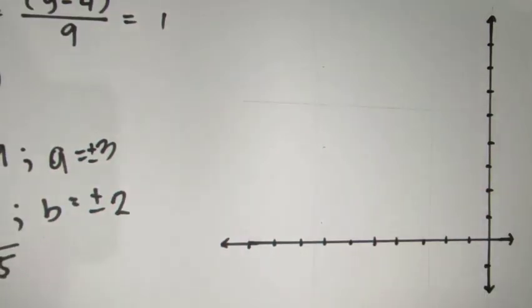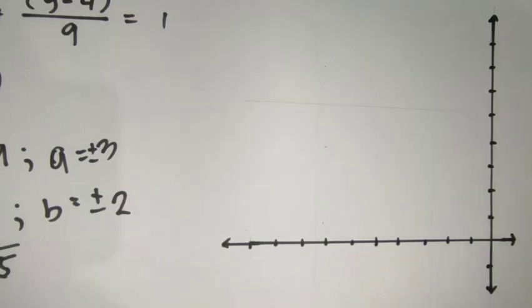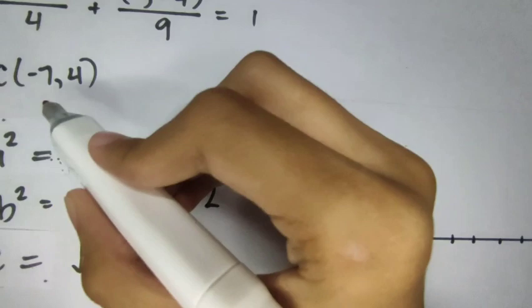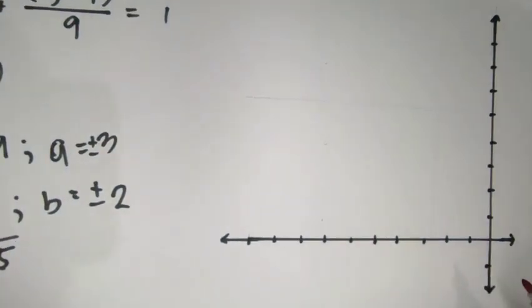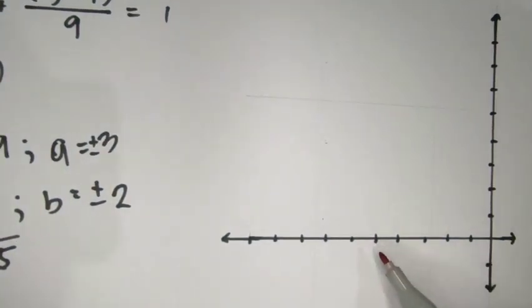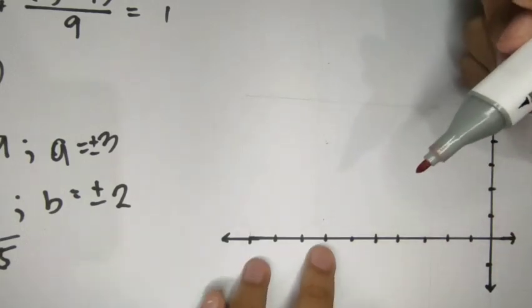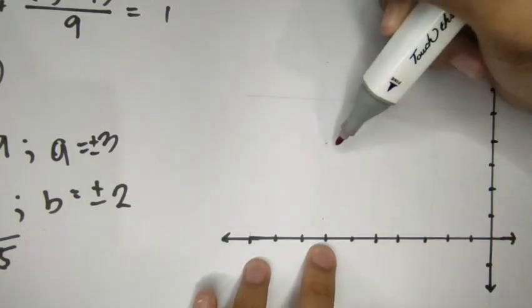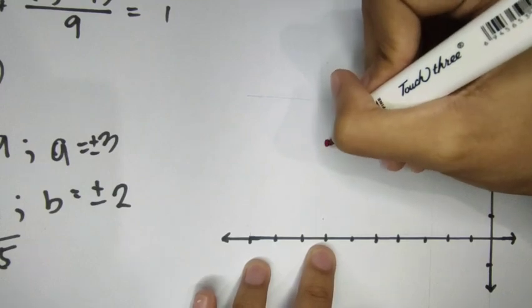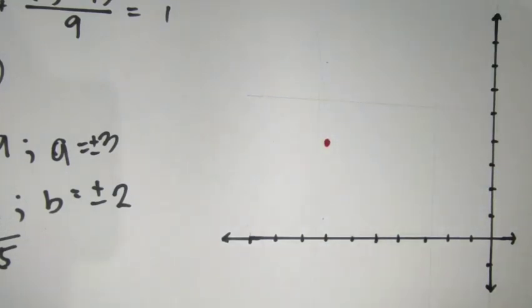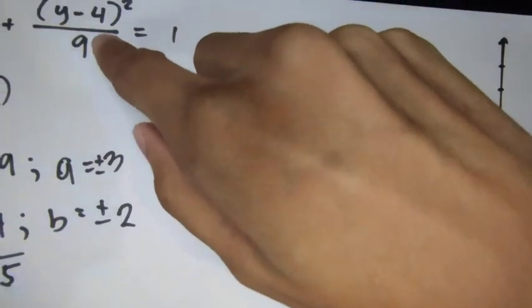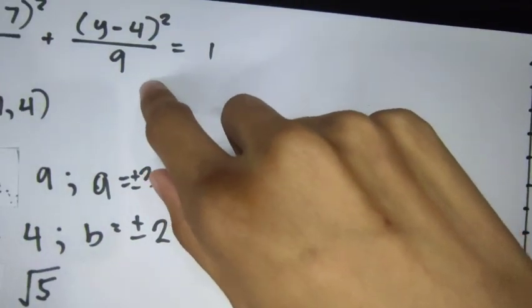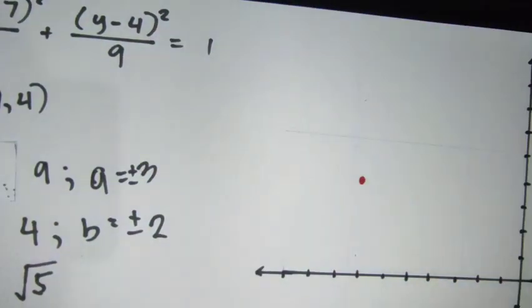Now let's proceed to graphing the ellipse. At center -7 and +4, moving 3 units upward and downward and moving 2 units sideward. As I said, because a squared is below the y variable, we will move a units upward and downward.